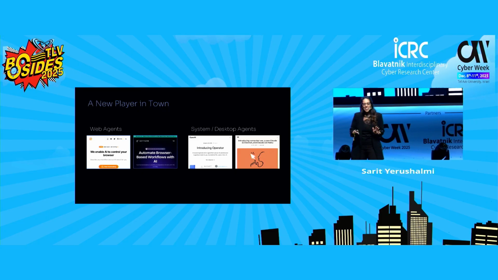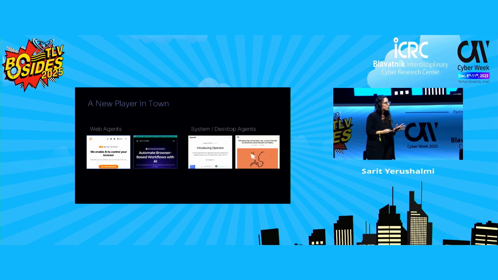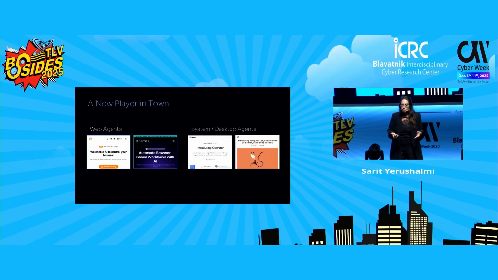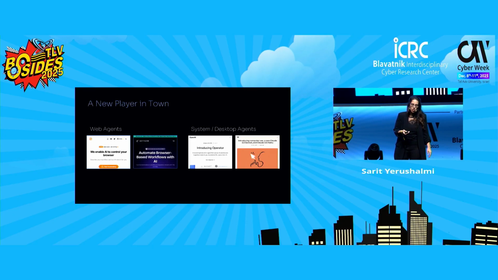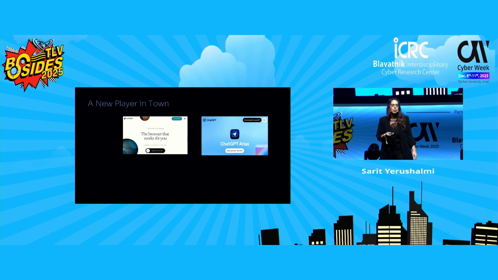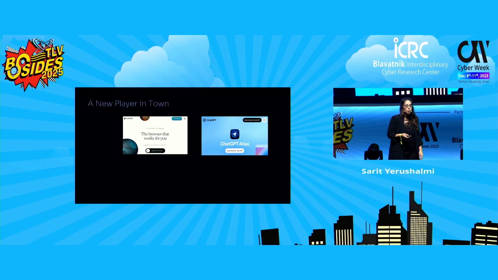So up until now, we focused on AI web agents. But as many of you know, there is a new player in town that changed the picture completely, which is AI browsers. In July 2025, Perplexity released Comet, which they described as an AI browser.